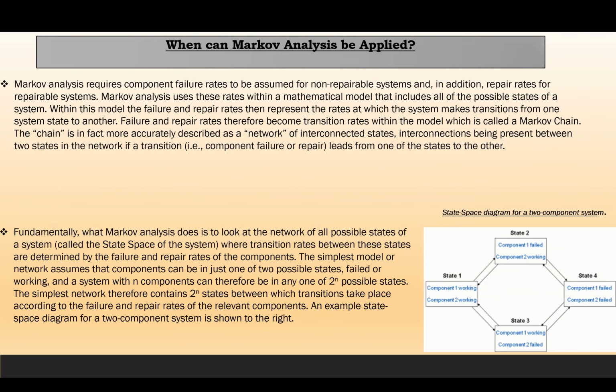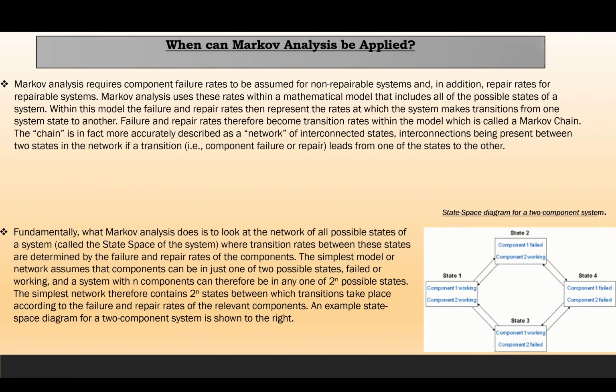Markov analysis uses these rates within a mathematical model that includes all of the possible states of a system. Within this model, the failure and repair rates represent the rates at which the system makes transitions from one system state to another. Failure and repair rates therefore become transition rates within the model, which is called a Markov chain. The chain is in fact more accurately described as a network of interconnected states.